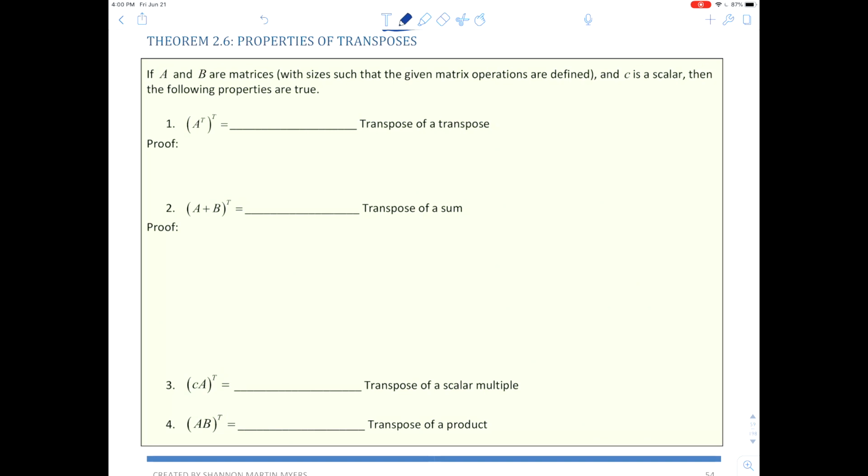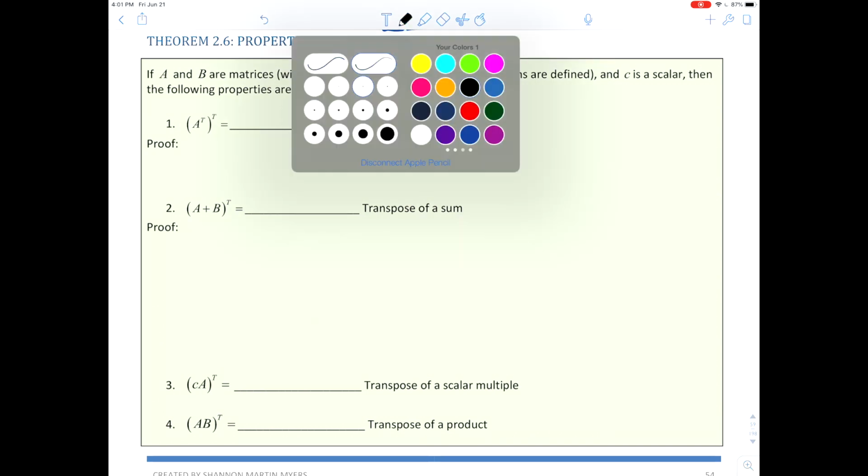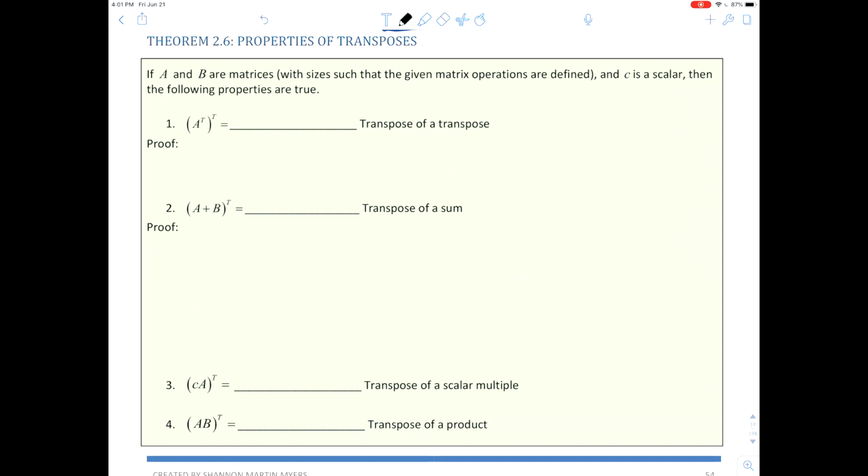transposes, right? So again, I'm going to get our proofs ready to go so that we don't have to rewrite what A and B are each time, okay? So if we let A equal Aij, B equal Bij, such that Aij and Bij belong to the real numbers.